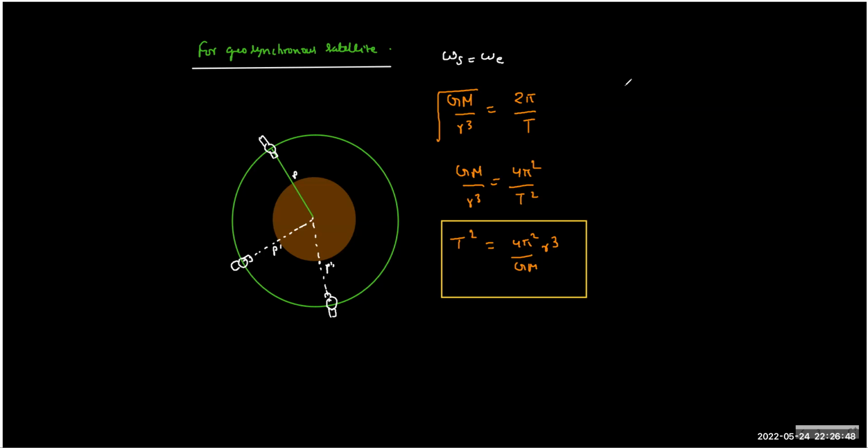So a geosynchronous satellite is a satellite for which, because everything is constant here, the distance is a constant value. So r is not a random value. For every planet, r cube is GM T square upon 4 pi square.